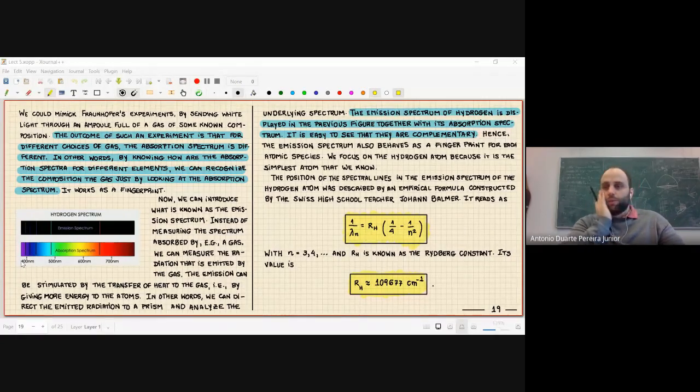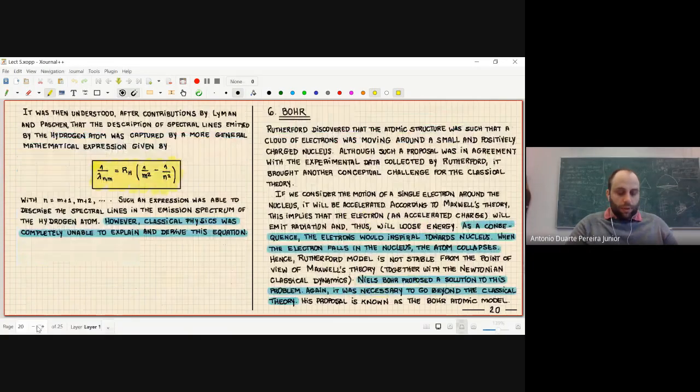And as I told you, a high school teacher, Johann Balmer, described how to compute the wavelength of the missing color by using this equation here that is generalized to this equation here, where once you choose the value of m, you have to choose those values of n that are given by these possibilities here.